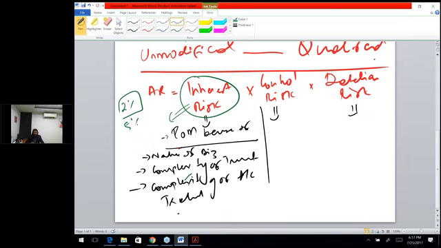So when it comes to warranty, there is estimation involved, and estimation leads to inherent risk. Why? Because the estimation could always go wrong, and if it goes wrong, that means the financial statements have not been prepared correctly. So one of them is inherent risk.